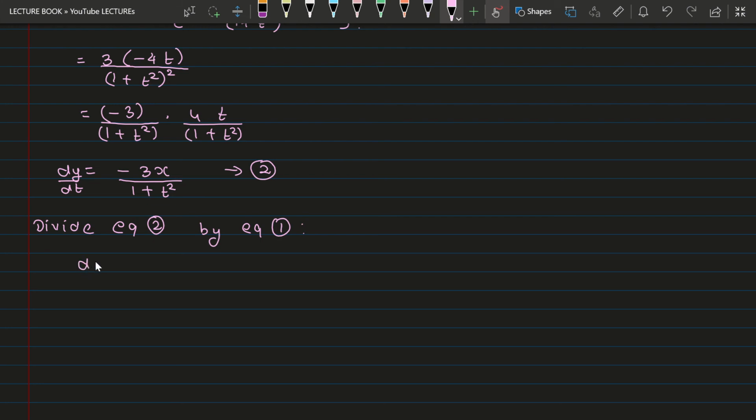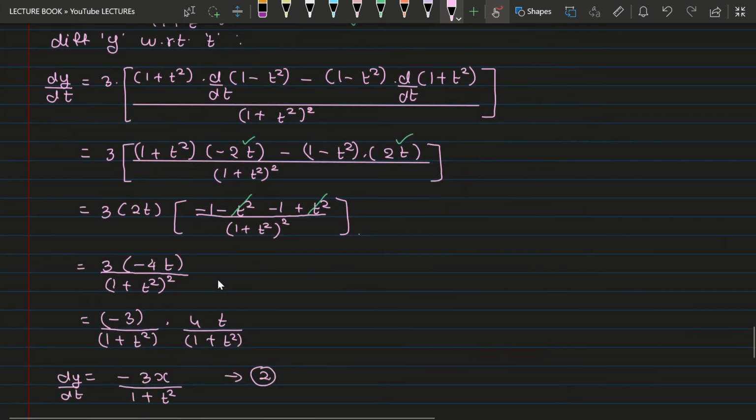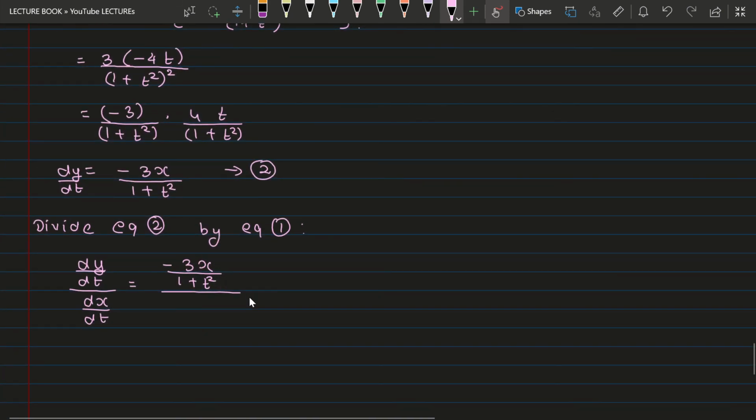You will get over here dy by dt upon dx by dt. What is dy by dt? Minus 3x upon 1 plus t square. What was dx by dt? Let us check out, guys. 4y upon 3 into 1 plus t square.